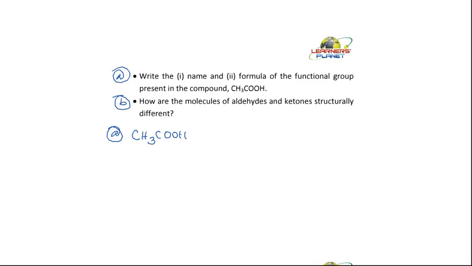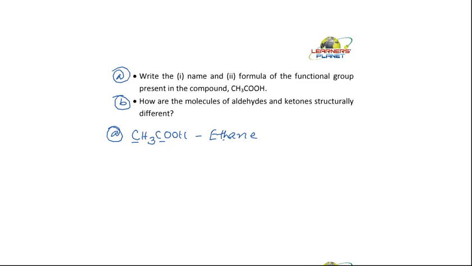CH3COOH. How many carbon atoms are there? 1 and 2, two carbon atoms. What will be the root word here? It would be eth. What type of bonds are present between the carbon atoms? Single. So it should be ane.